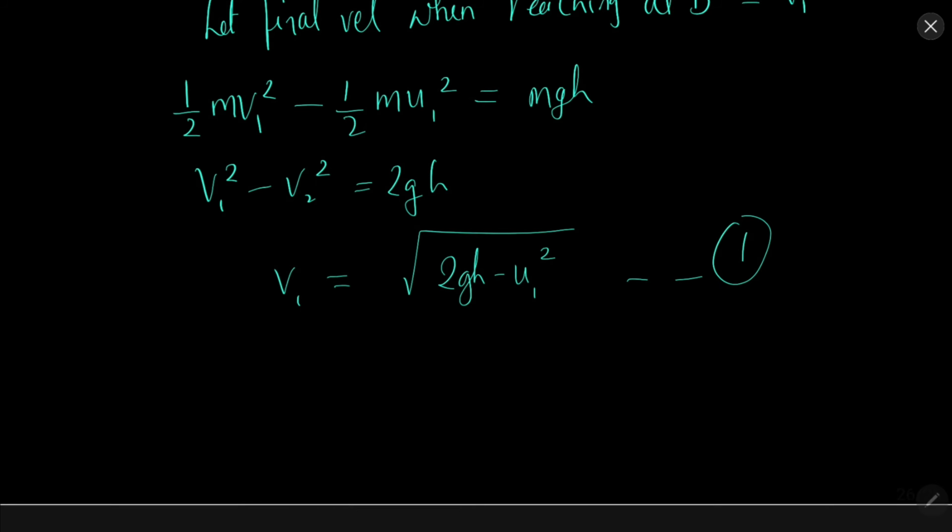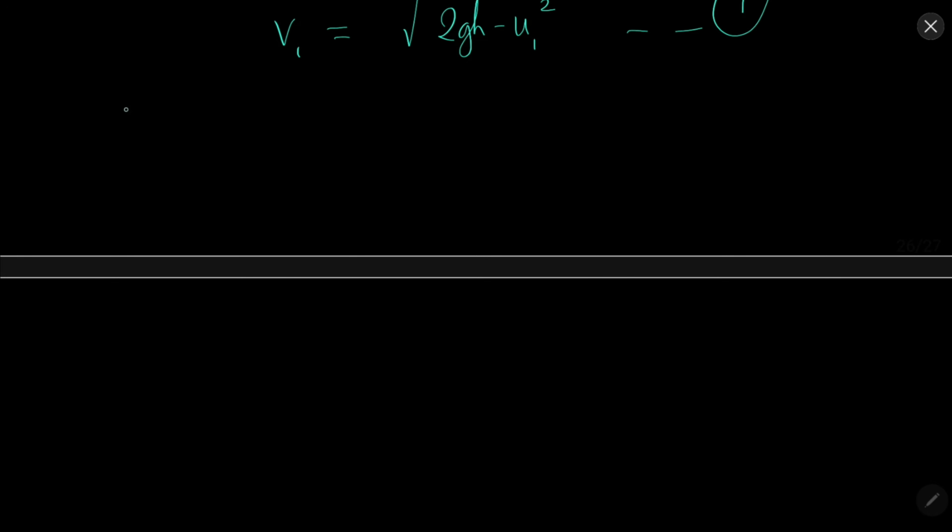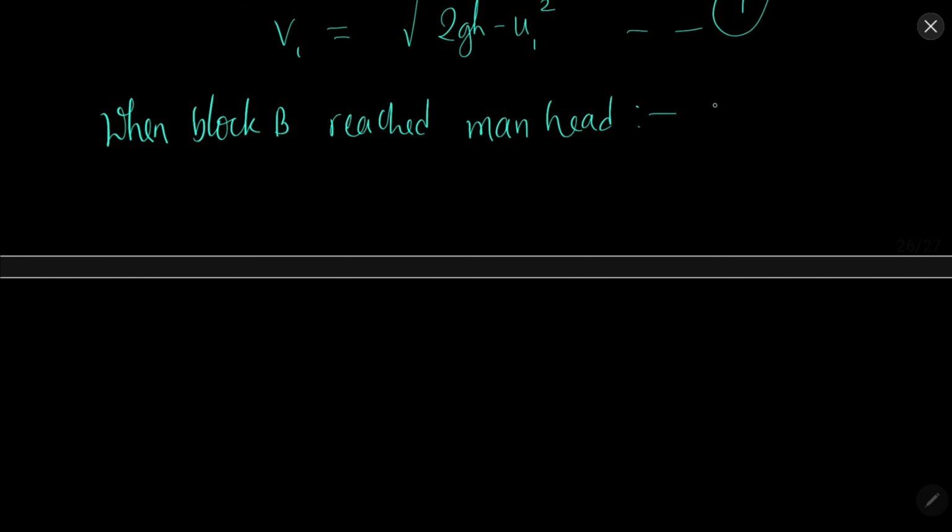Now after this, when block B reaches the man's head, let the velocity of B just equal 0.